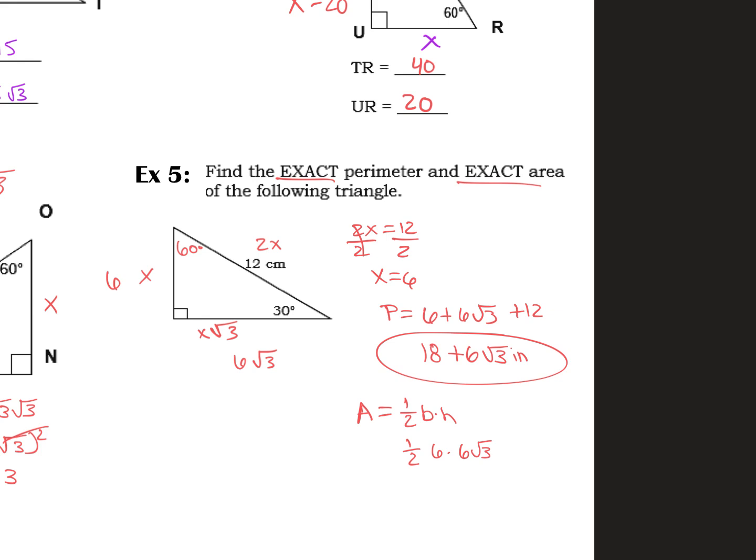So in other words, I'm going to do 6 times 6, which is 36, radical 3 divided by 2. So in reality, that is just going to be half of 36, which is going to be 18 radical 3 centimeters squared. And I told y'all that was inches. On the perimeter, it's centimeters in this question.